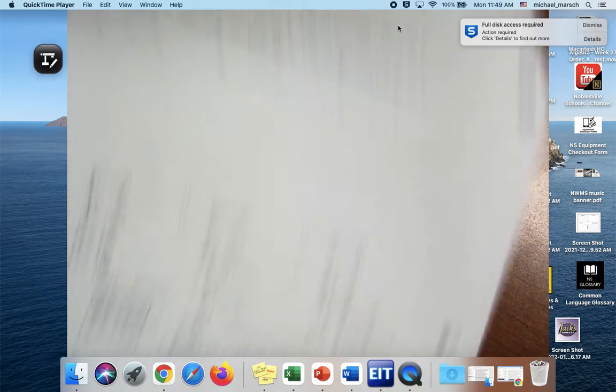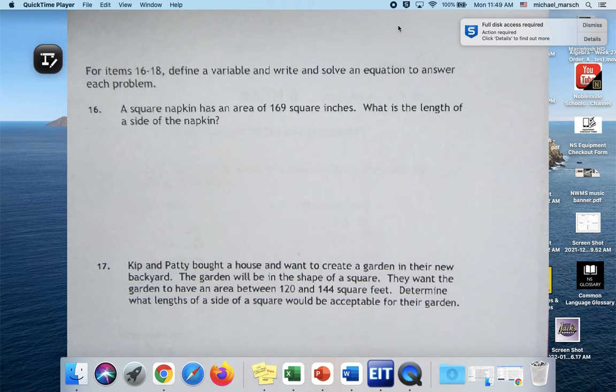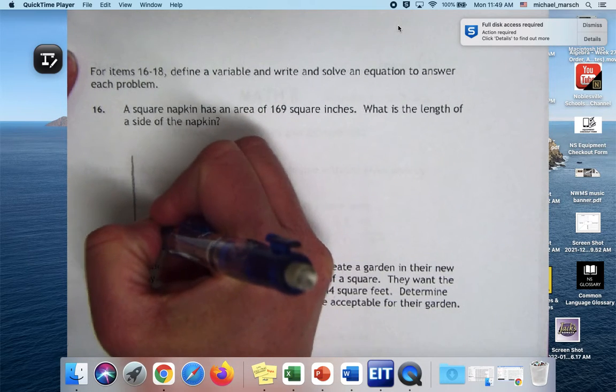Okay, let's move on to the last page. A square napkin has an area of 169 square inches. What is the length of the side of the napkin? So we're going to draw a square napkin.